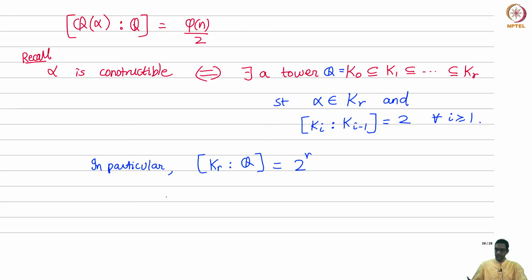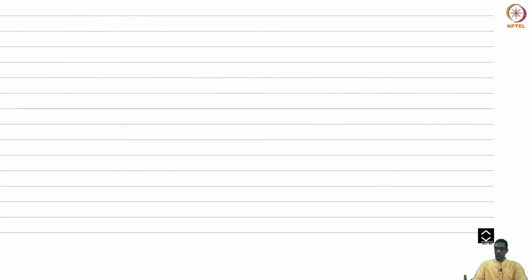Therefore alpha is constructible implies that alpha belongs to some Kr, which is an extension of Q such that the degree of Kr over Q is some power of 2.